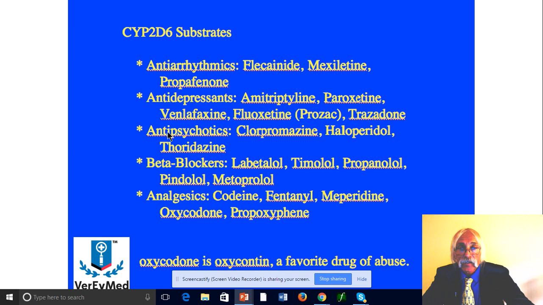Antiarrhythmics, antidepressants, antipsychotics. There's thorazine, beta blockers. I mean, these are some of the most major prescribed drugs. Analgesics like codeine and fentanyl, right? All of them are substrates for that CYP450 isoform. All of them. So these are really, really important enzymes in terms of prescribed drug metabolism, right?